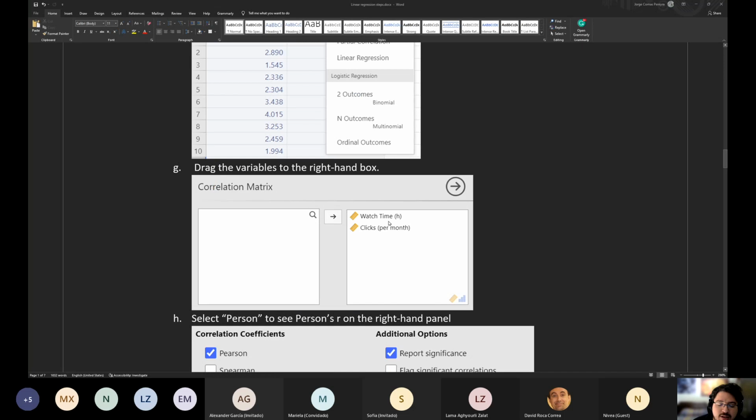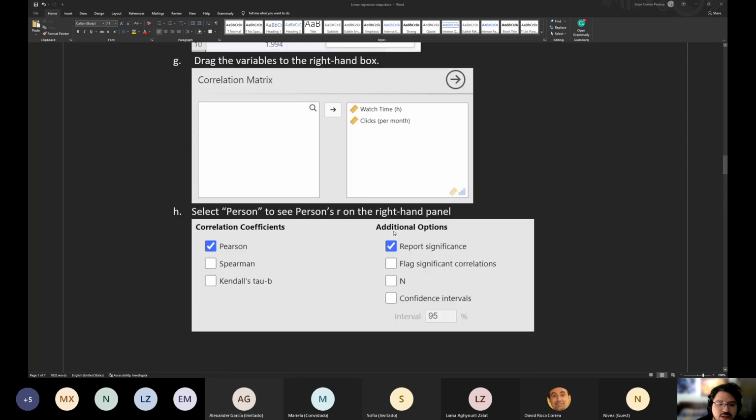We populate the right-hand box of correlation matrix with any number of variables that we want to explore their correlation. Makes sense. And the thing that we will have by default selected is Pearson's R and significance of that statistic.